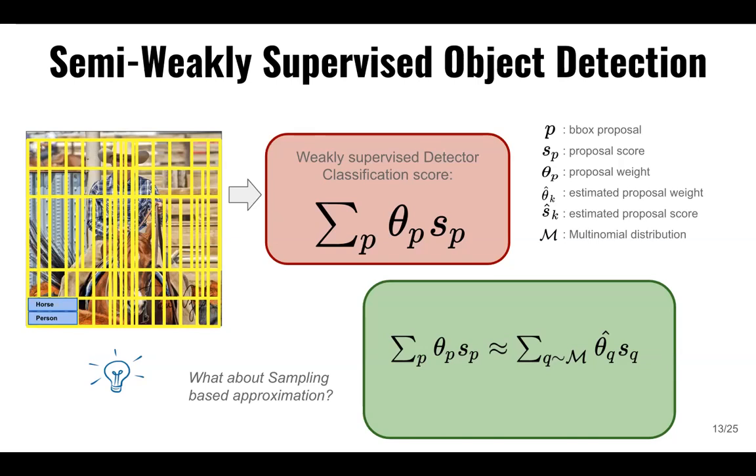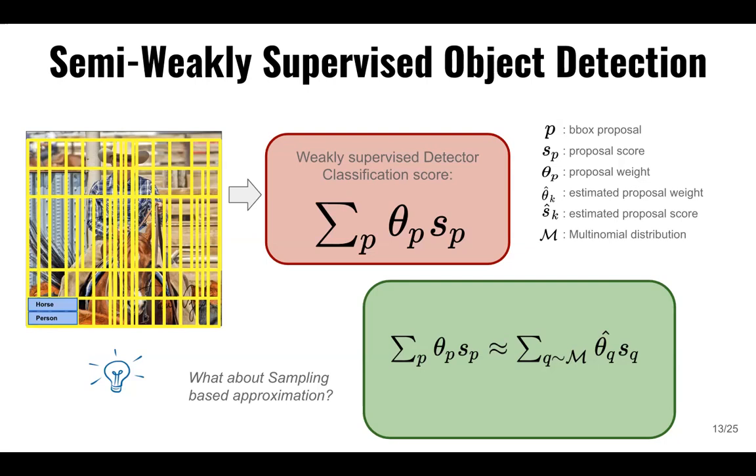So our idea is basically those samples which we use to approximate these scores, those samples are used as pseudo-ground-truth, and then we compute the classification and localization losses of the detector. That's how it happens in our settings.